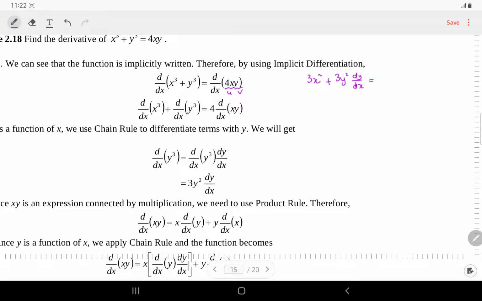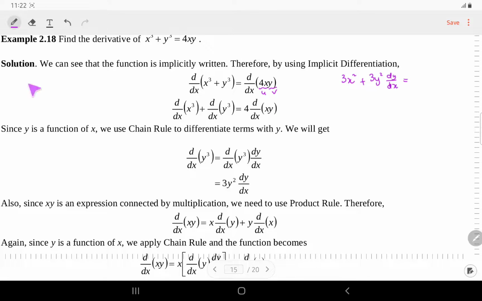So I put it here on the side, our u is x and our v is y. So we need to find u prime, which is 1, and v prime, which is equal to 1, and then we need to put dy over dx because we are differentiating the variable y.